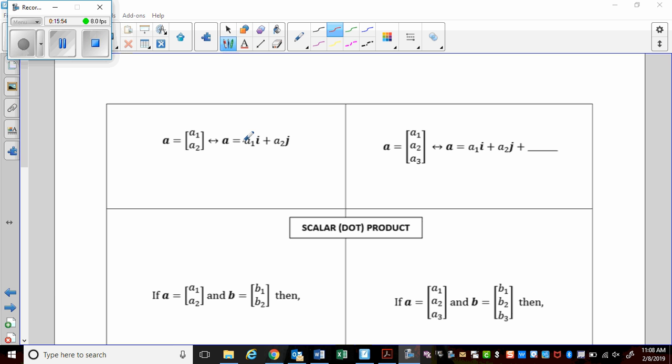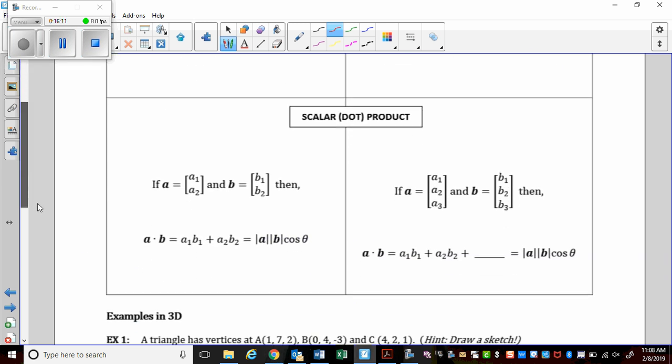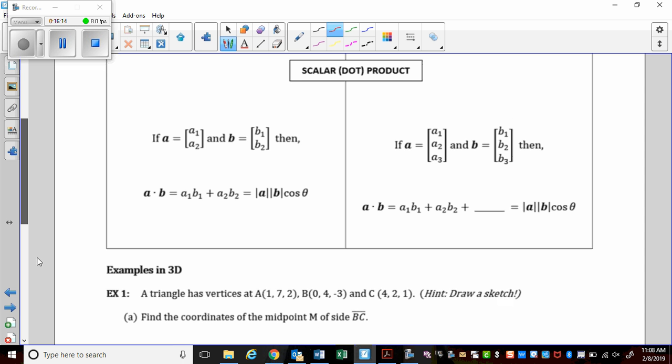So this one, A1 is i, A2 is j, and A3 is k. Our scalar dot product, or our last one, we have A dot B is A1 times B1, A2 times B2, plus A3 times B3. Just add them.